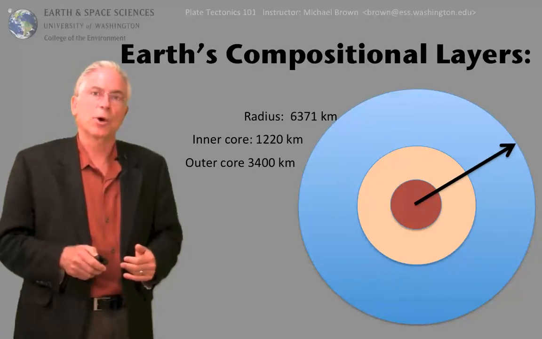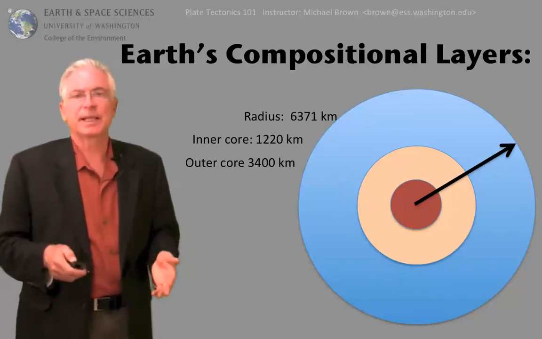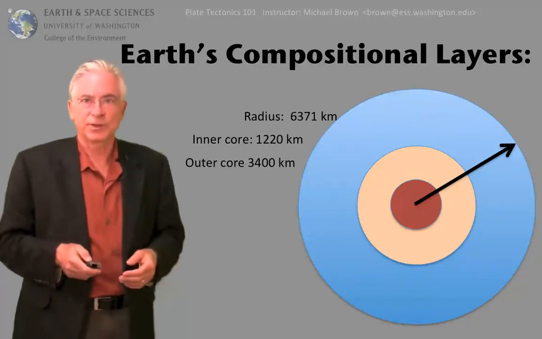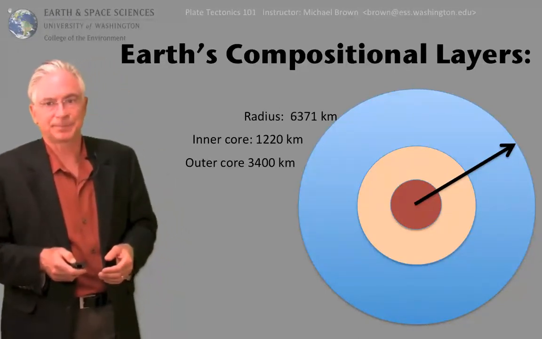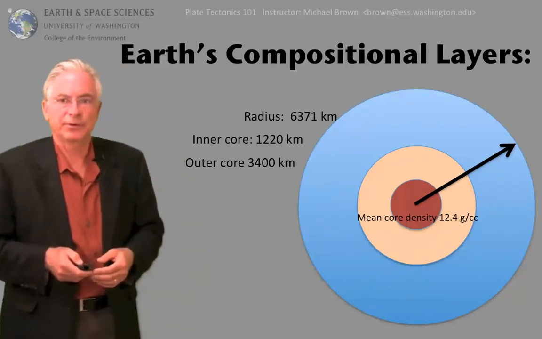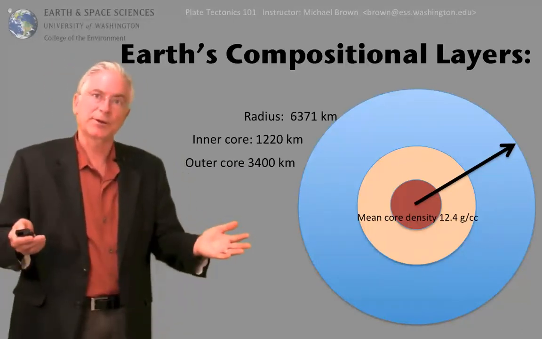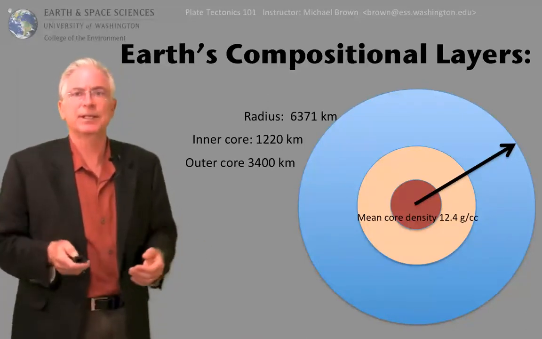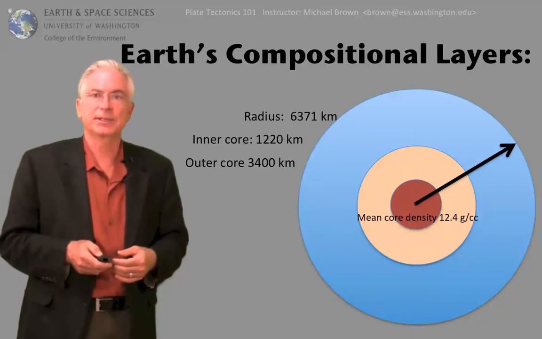The inner and outer core are dominated by iron, but they also have about 10% mixture of most of the elements of the periodic table. The mean density of the core is about 12.4 grams per cc. Remember, water has a density of 1, so the core is over 12 times denser than water at ambient conditions.